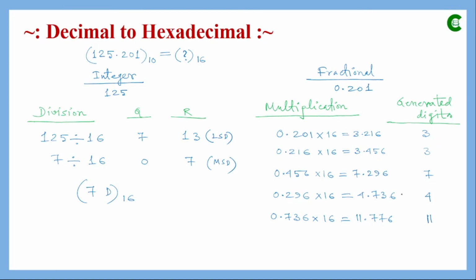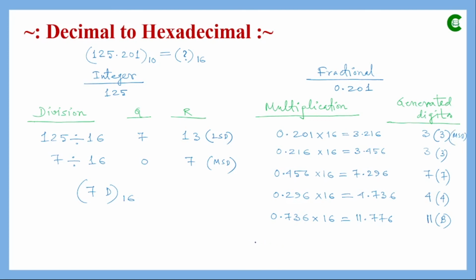So accordingly, we will write the equivalent value in the hexadecimal number system. But all these values that we have obtained here are in the decimal number system. Since this time we will be representing in the hexadecimal number system, we have to represent accordingly. In hexadecimal, 3 is 3 only, 7 is also 7 only, 4 is also 4 only, but 11 is represented by B. The fractional part, as we know, this is our MSD, most significant digit.